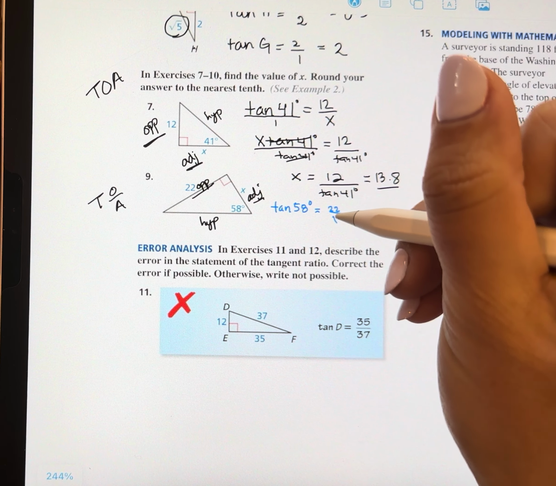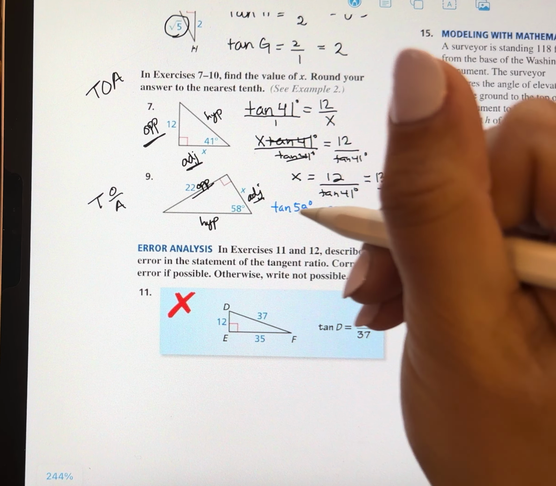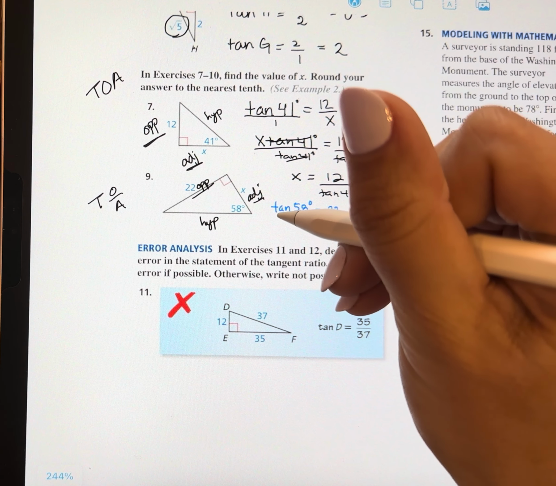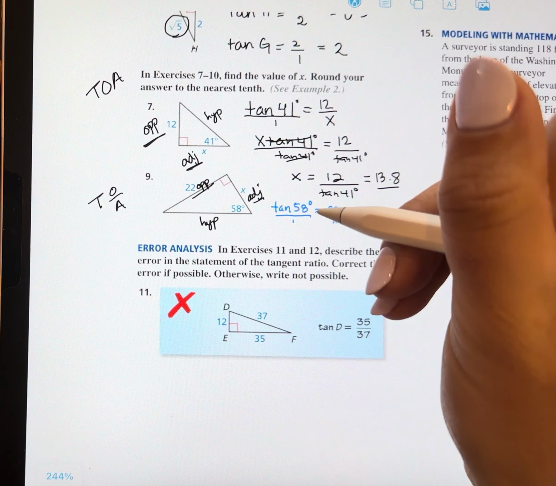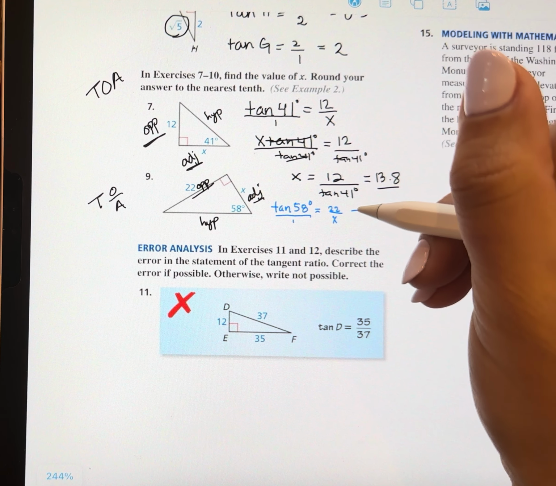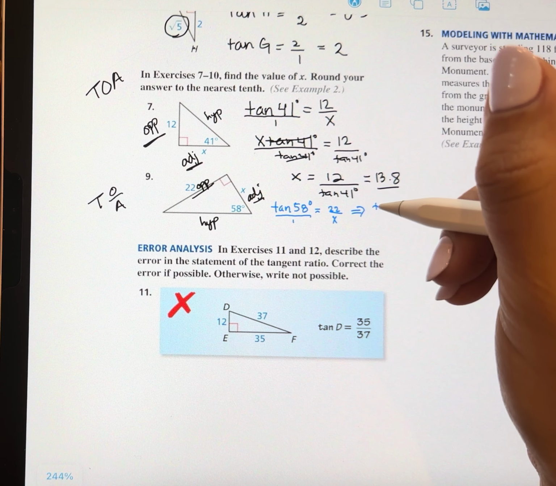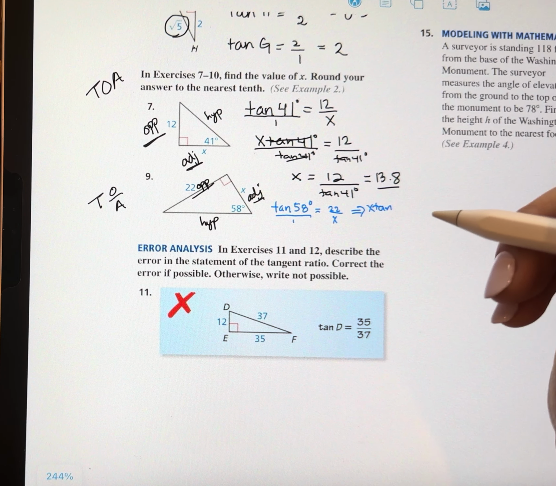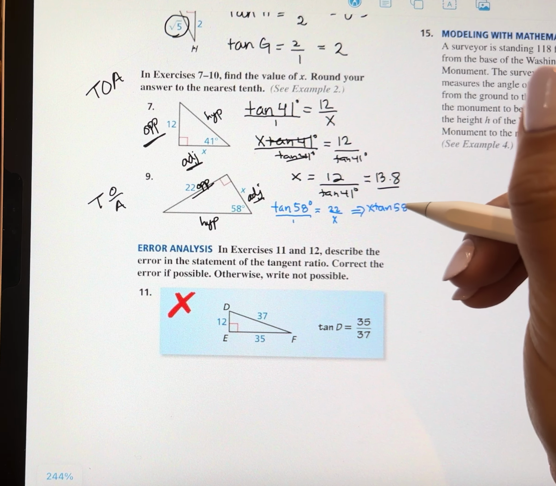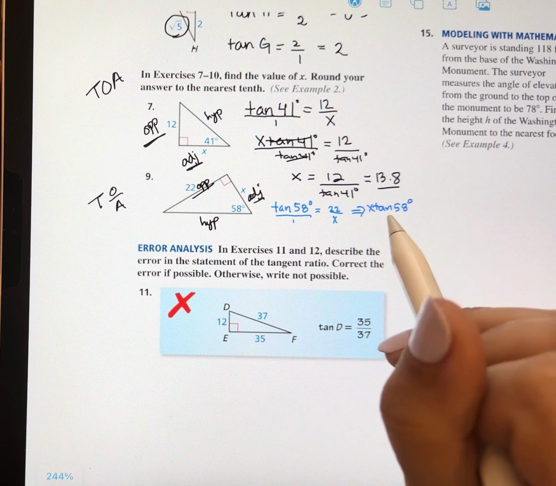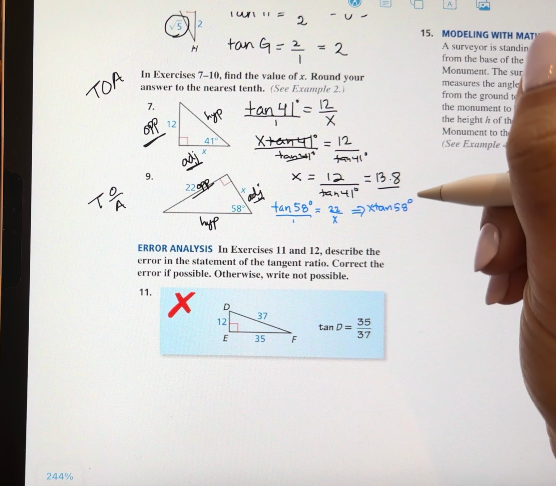adjacent, which is x. So now, again, you can swap them, or you can do it the real mathematical way, which is to cross multiply. And I'll do it on the side because I'm going to run out of space there. I'll get x times tangent of 58. Guys, please don't think of this as tangent times 58. No, this is tangent of 58.